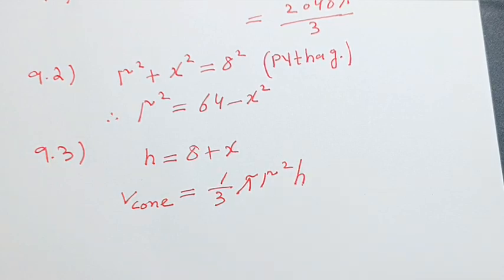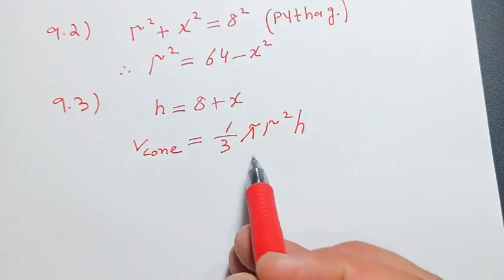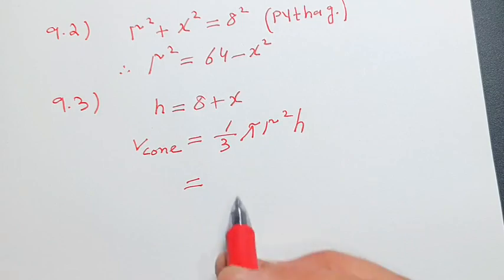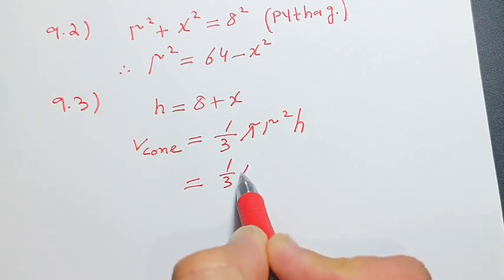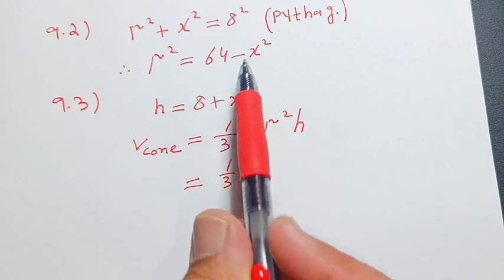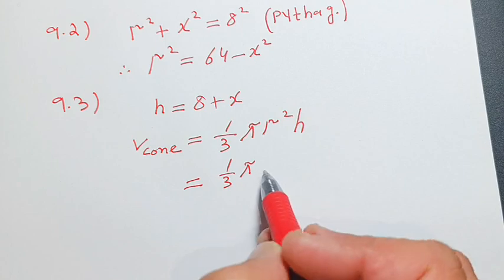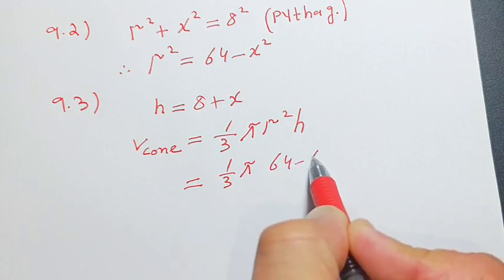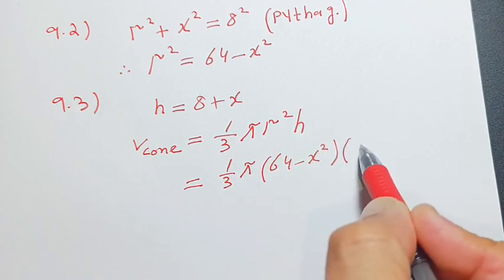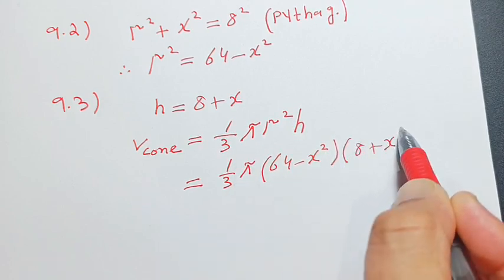This is the volume of the cone. So I'm going to substitute all the information I have here. 1 over 3 pi r square, must remember, is equal to 64 minus x square. So 64 minus x squared, and the h I got is 8 plus x.